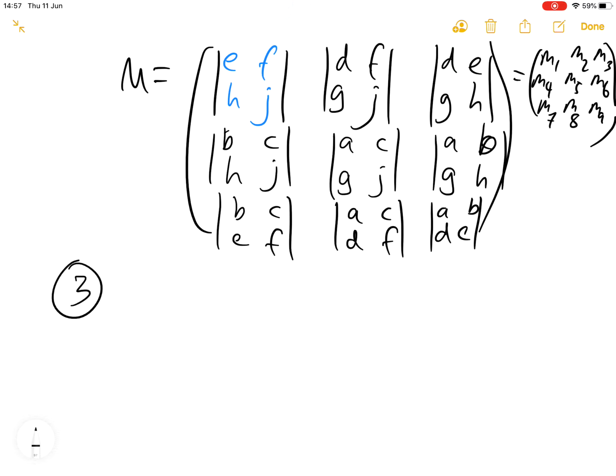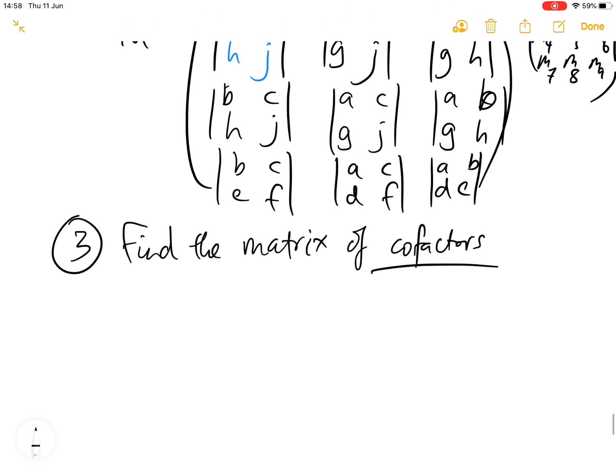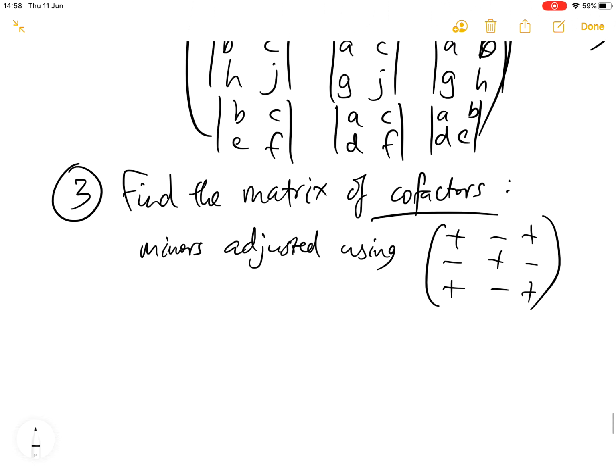And then step 3 is find the matrix of cofactors. Cofactors are just minors adjusted. So this is the minors adjusted using the plus minus plus thing again.